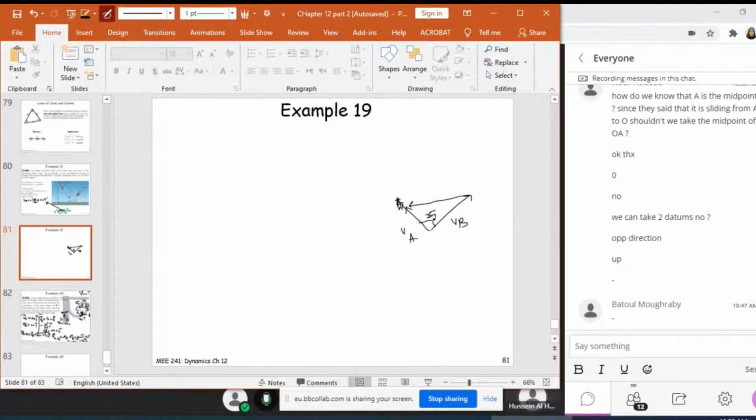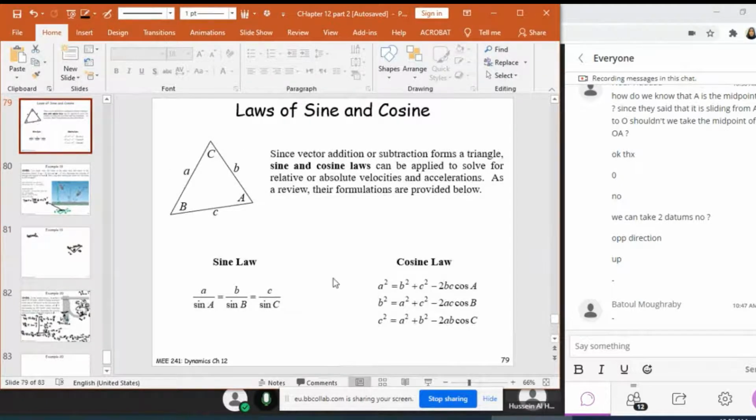If I want to find directly the magnitude of VA with respect to B, I can apply the cosine rule, right? I'm going to use only the first one.